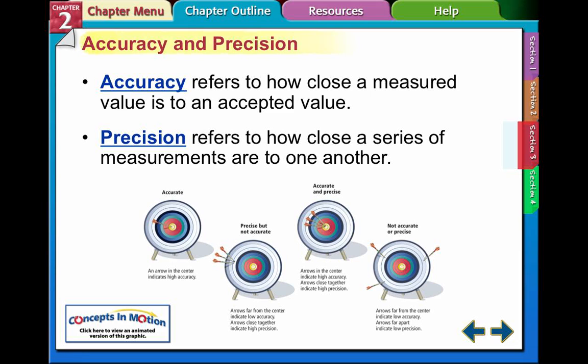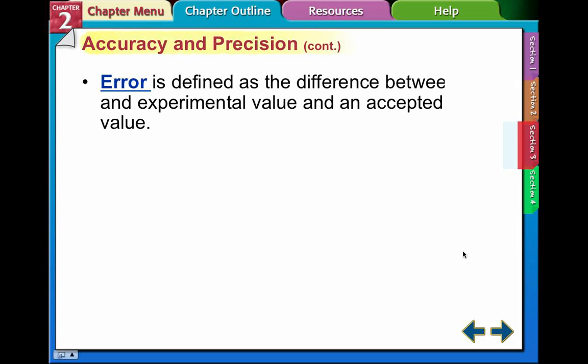If you hit multiple times in the same spot but outside the yellow, you are very precise but not very accurate. If you hit multiple times within the yellow, you are accurate and precise. If you hit in the white, this would be me, all over the place, you are not accurate or precise.